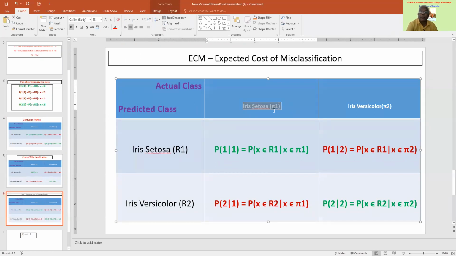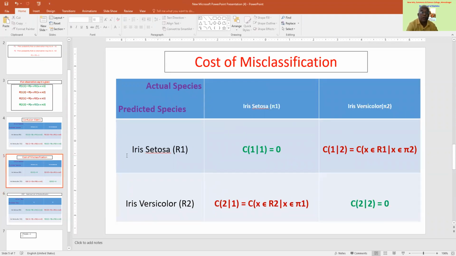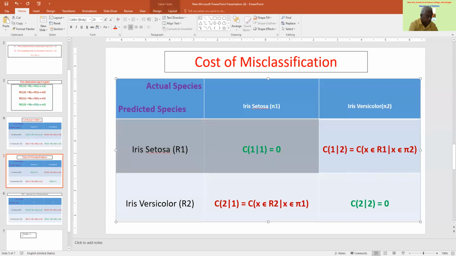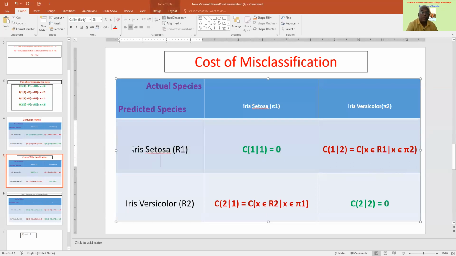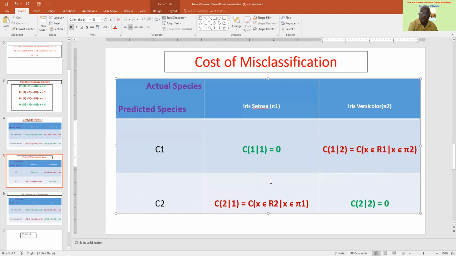Let me write here say C1, C2, and here C1, C2. And let us forget about this.